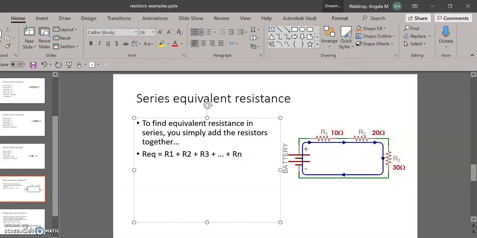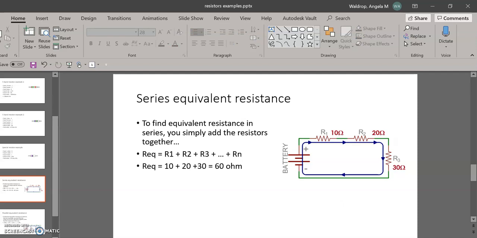So to find the equivalent resistance here, REQ is going to be very simple. It's going to be 10 plus 20 plus 30. I'm going to add those up all together and I'm going to get 60 ohms. So that circuit, the equivalent resistance is going to be 60 ohms.